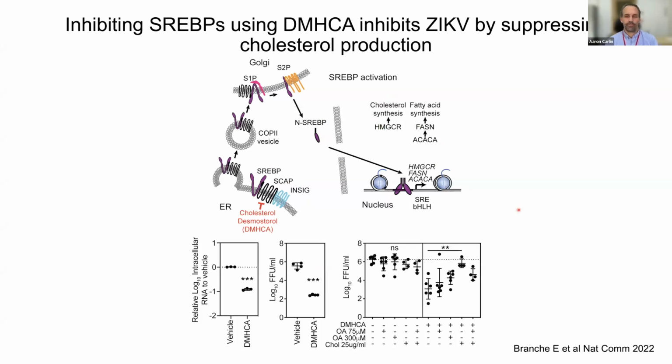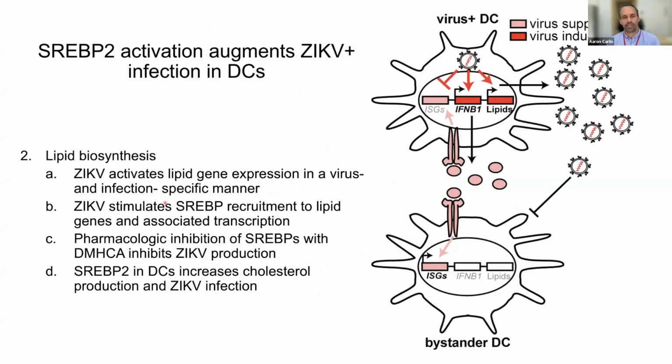And so that is kind of the take home from this part of the talk. Specifically, we later tied this to SREBP2, which is the main controller of cholesterol biosynthesis. So we found that Zika virus activates lipid gene expression in a virus and infection-specific manner, right? So very different from dengue and only in infected cells.